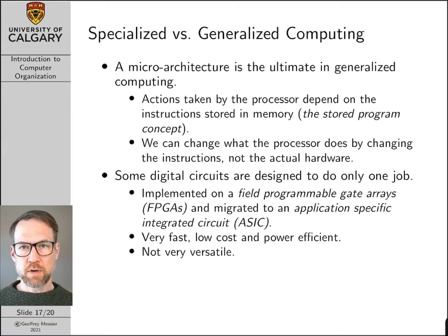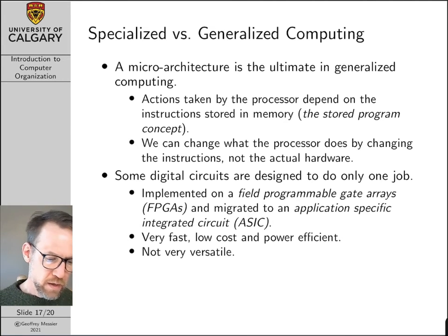The first thing I want to talk about is this notion of specialized versus generalized computing. Typically we say that a microprocessor or a microcontroller or a microarchitecture is an example of generalized computing. What do we mean by that? Basically, a microarchitecture is a digital design, so it's built up of AND gates, OR gates, flip-flops, but what you make it do can be changed, not by changing the silicon itself, but by changing the program that you load into the instruction memory of your device.